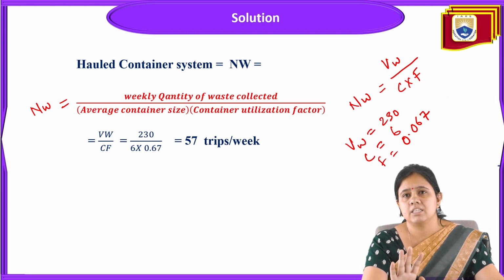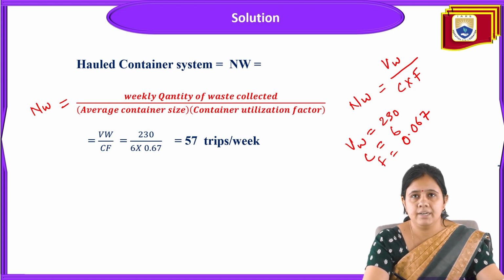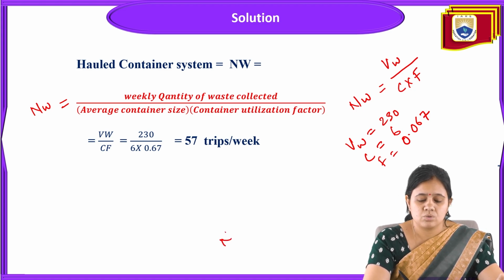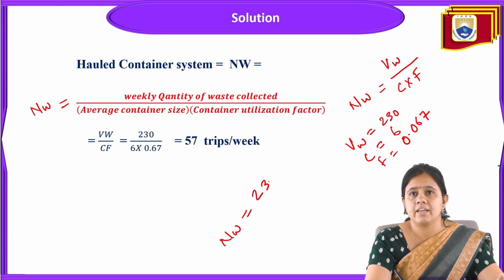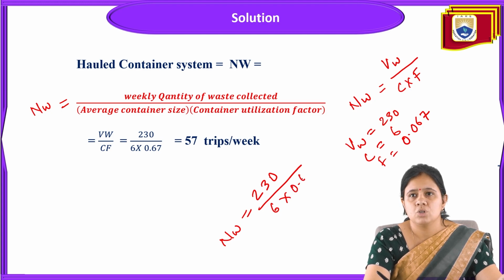So three data have been given, and on that basis we can calculate NW for the haul container system. NW is equal to 230, the weekly quantity of waste collected, divided by 6, the average container size, times 0.67, the fixed utilization factor. So NW is equal to 57 trips per week.